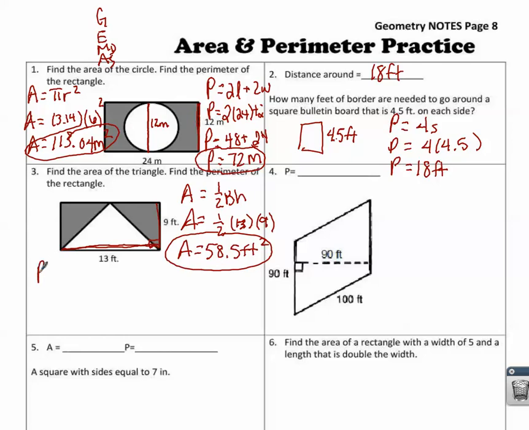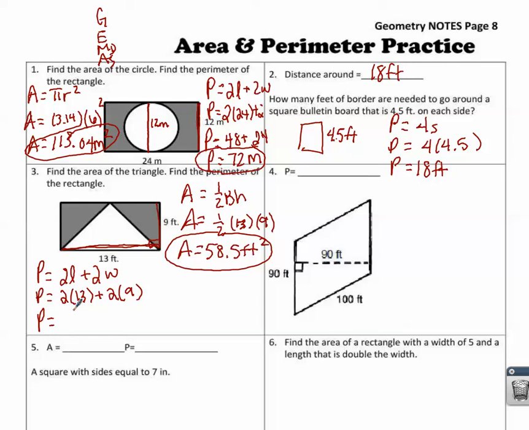And then the perimeter of the rectangle, you have the formula up here, is 2 times length plus 2 times width. So you get 2 times 13 plus 2 times 9.